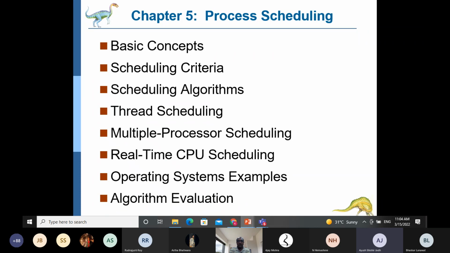And after that, we discussed how the processes will communicate among themselves, right? Using shared memory, or using mailboxes or message communication, right? So those aspects we discussed, and afterwards the concept of threads.